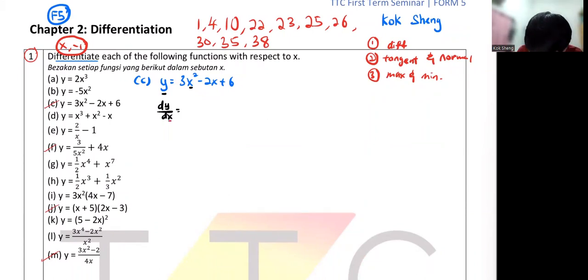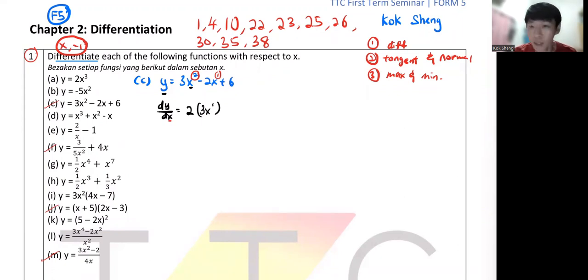The power of x: the 2 here, the 1 here, and the 6 you have no power. Start from the 3x squared. The power is 2, so times it with the 3x, and the power itself you have to minus 1.